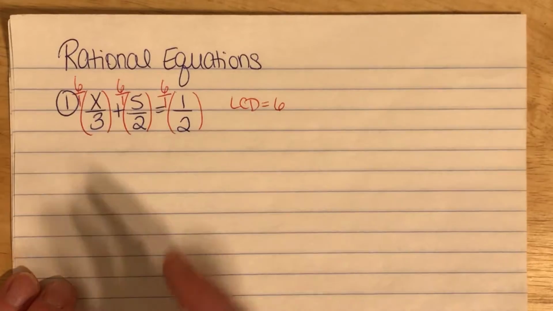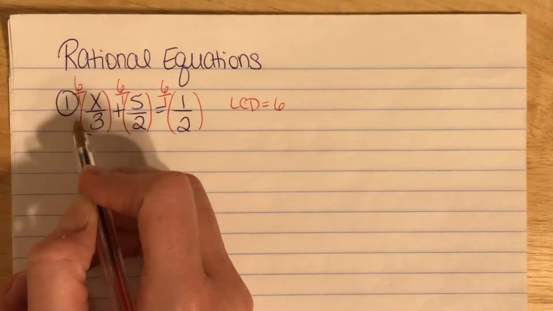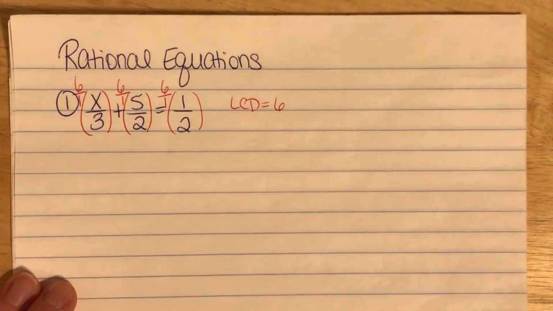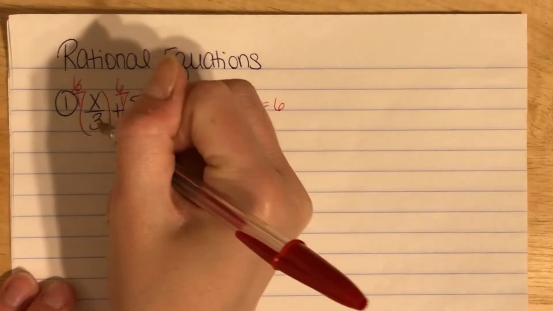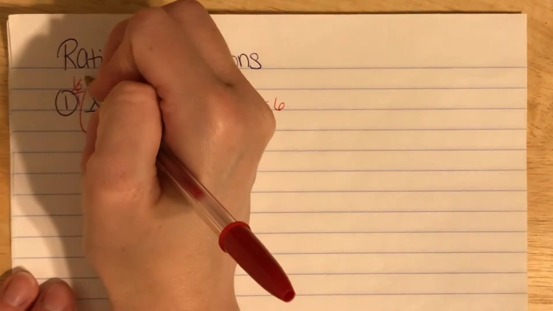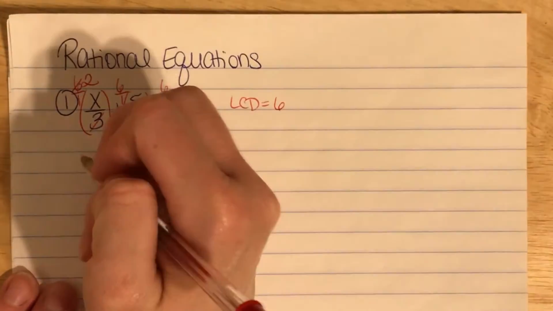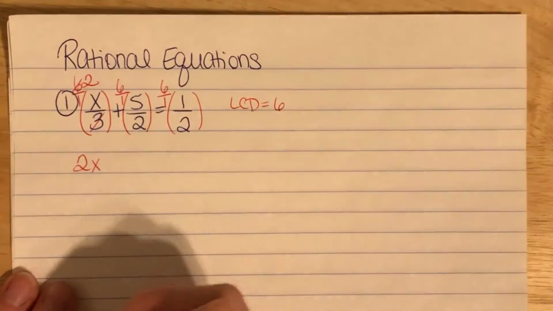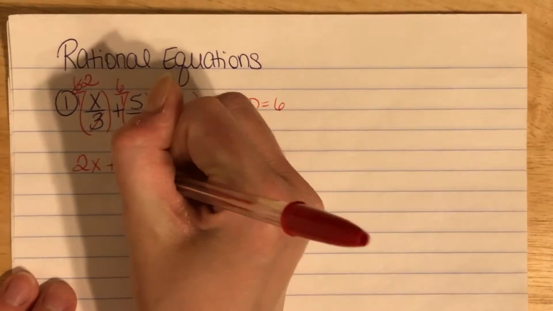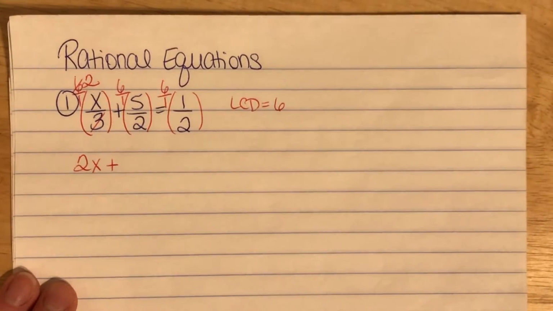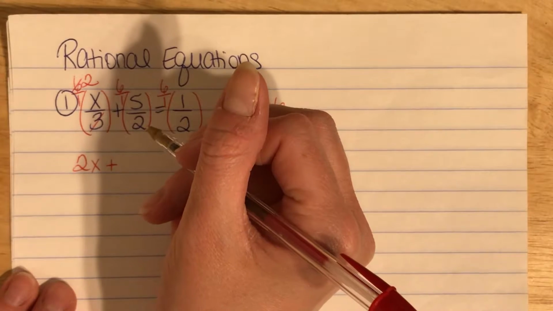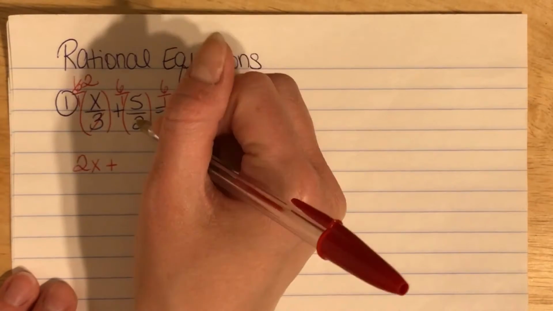Now I'm going to reduce. So again, I'm thinking of it as 6 over 1 times x over 3, so I can cross cancel. So the 6 and the 3 can both be divided by 3. I'm left with a 2. So 2 over 1 times x over 1, which will just be 2x. Carry down the plus sign. Go to the next term, 6 over 1 times 5 over 2.